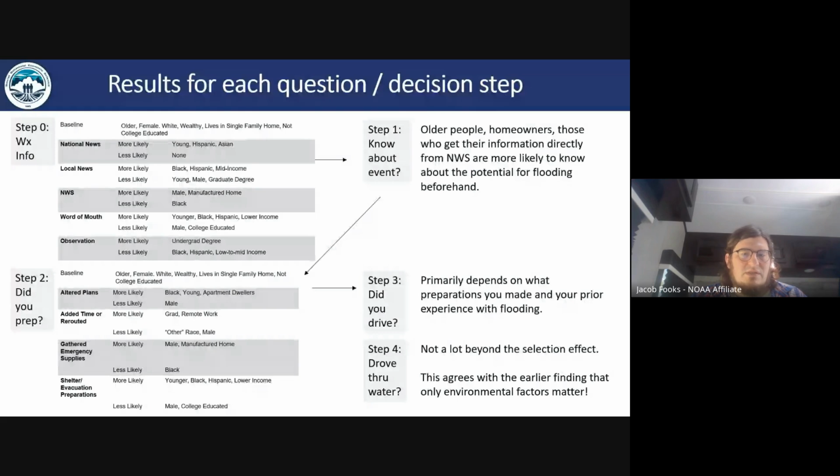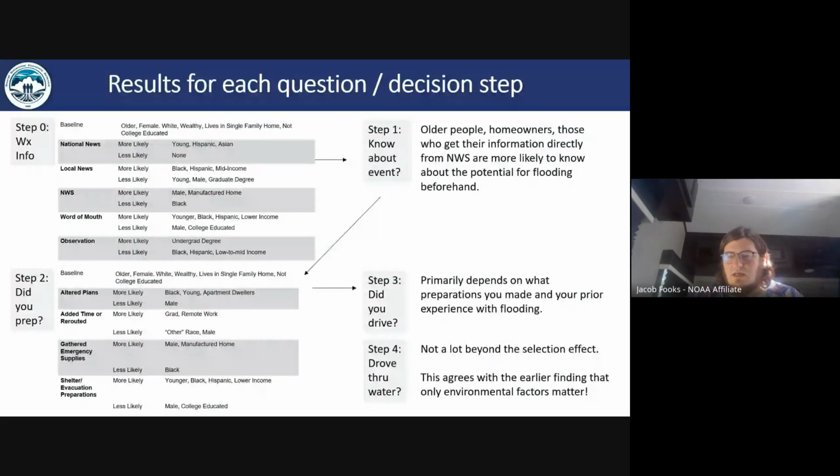There's a number of different options for steps that people may have taken, and we see people making those decisions differently based on their demographics, and we do have some weather information included in that.